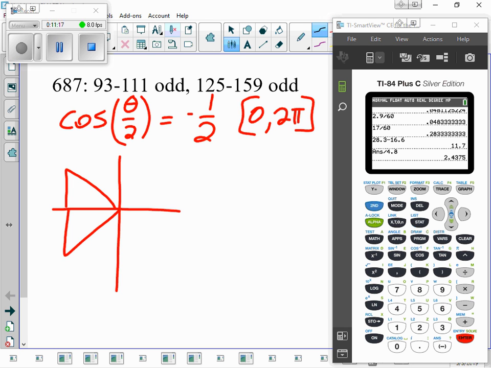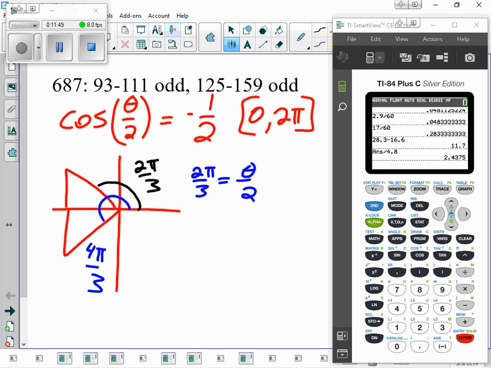Okay. This angle is going to be 2 pi over 3. And this angle is going to be 4 pi over 3. Anybody not understand that? Everybody's good? Okay. So 2 pi over 3 equals theta over 2.